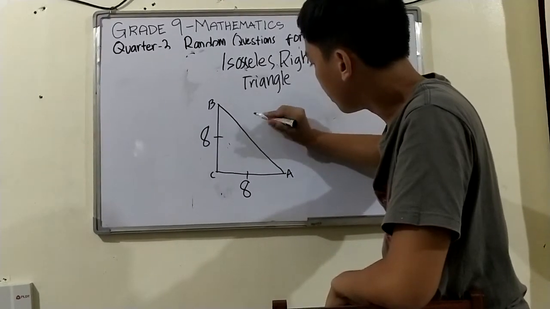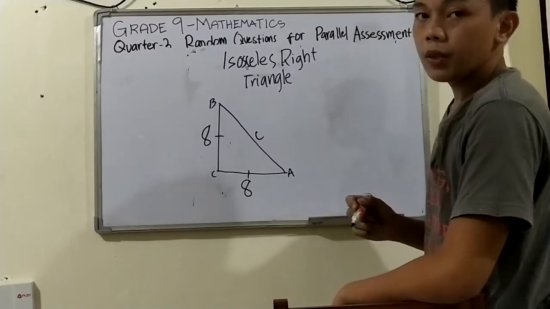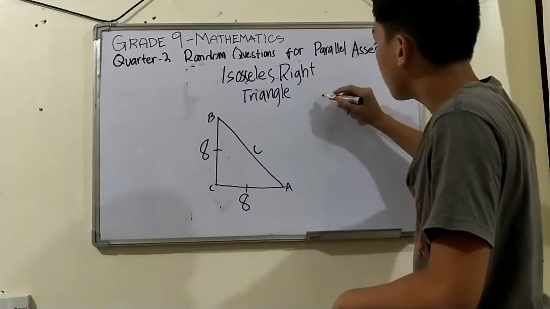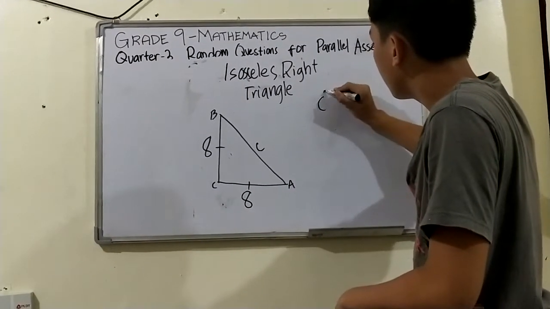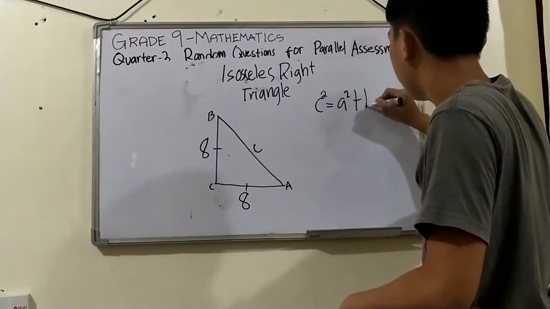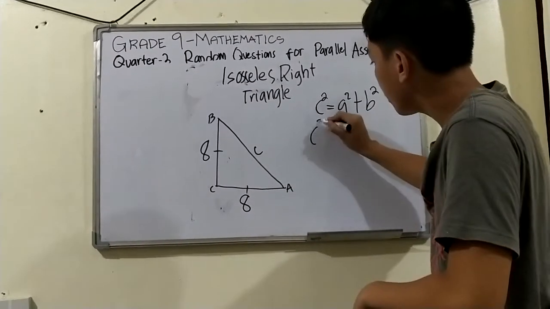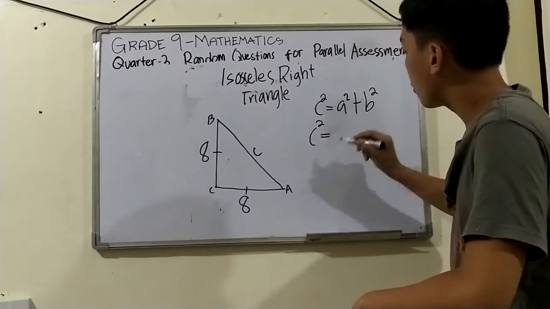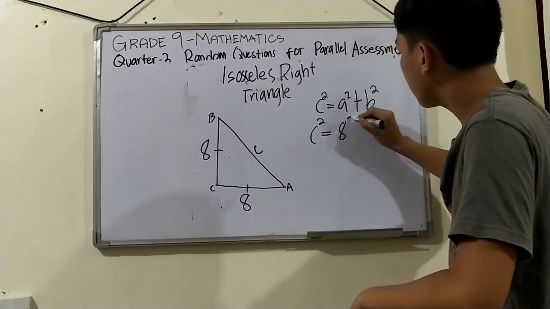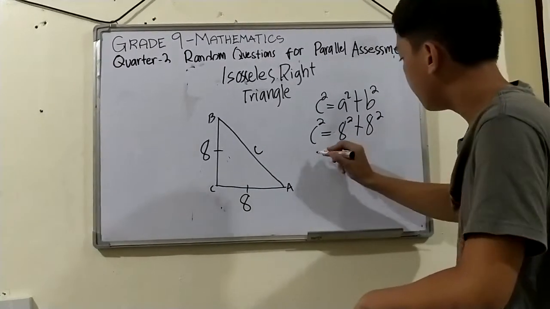So in this problem, we can use the Pythagorean theorem. C squared is equal to A squared plus B squared. Okay? So C squared is equal to our A, 8 squared, plus our B, 8 squared.